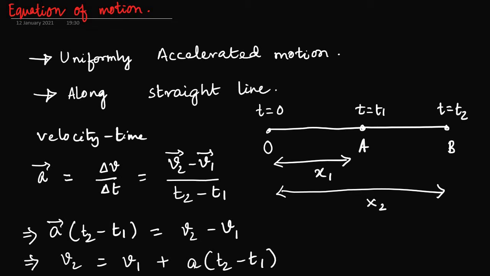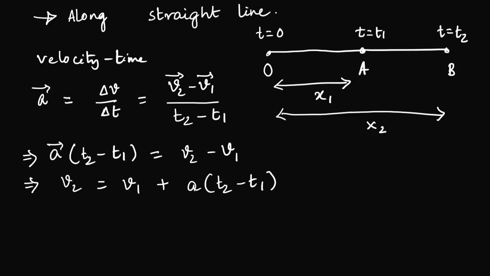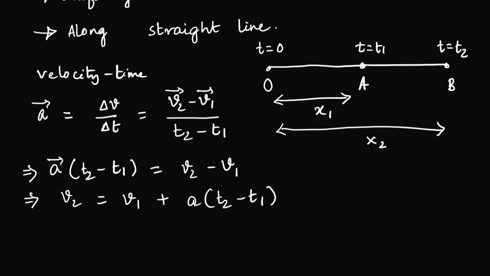You must be wondering why I am not giving the vector signs to velocity. I also dropped the vector sign of acceleration, because here we are only concerned about the magnitude, as the velocity and acceleration are happening in a straight line only. Now, there are some considerations I am giving here.